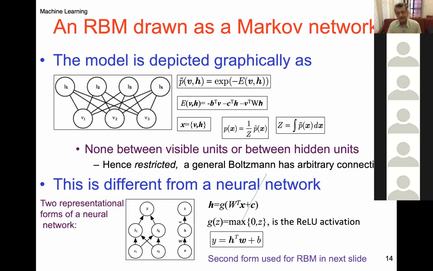And P tilde of X is the same as what we just talked about here. So this set of equations exactly specifies the probability distribution represented by a restricted Boltzmann machine, where we have W's, B's, and C's coming into play. And so that's the complete definition of a probability distribution.